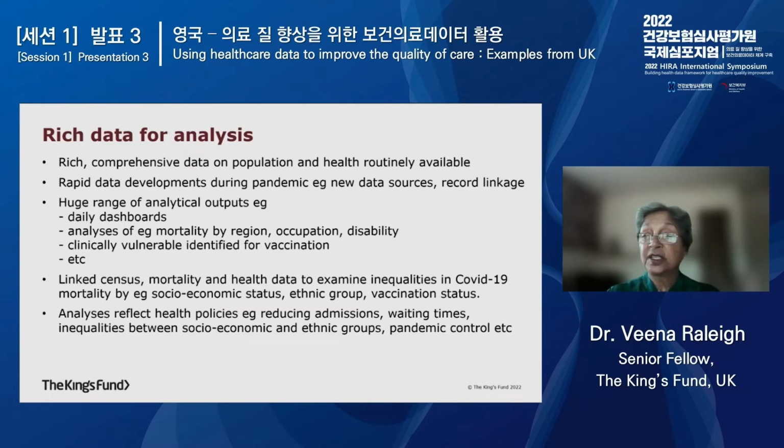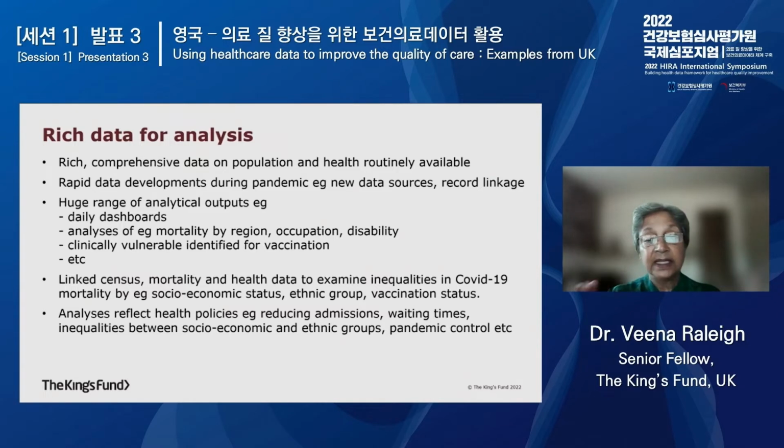We found, for example, that households where there were larger numbers of people and older people, because some families live with parents and so on, had a high risk of infection and dying from COVID-19. So this linkage across data sets was tremendously useful in the pandemic.